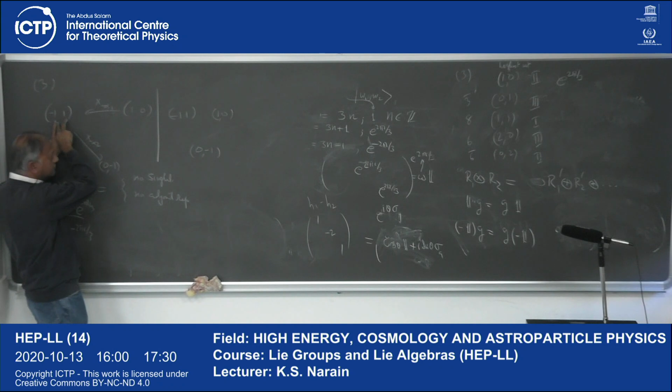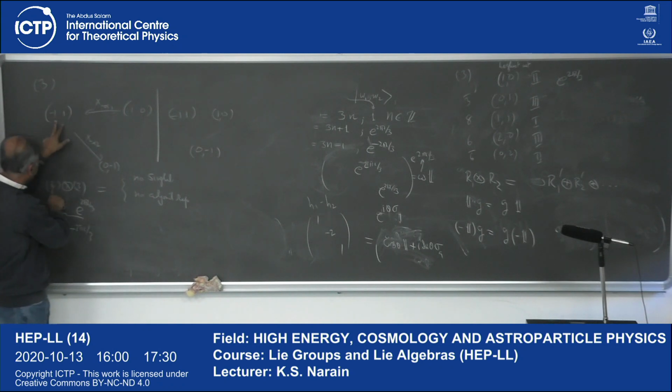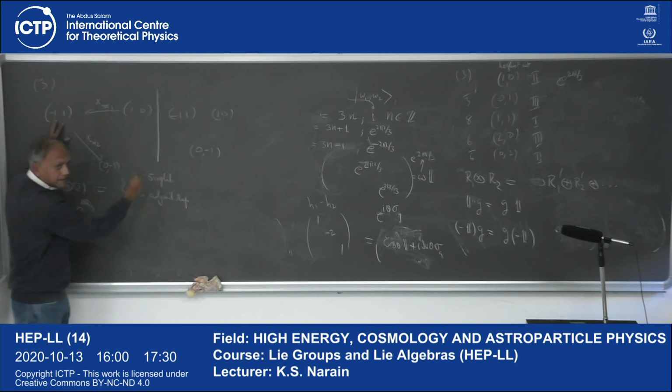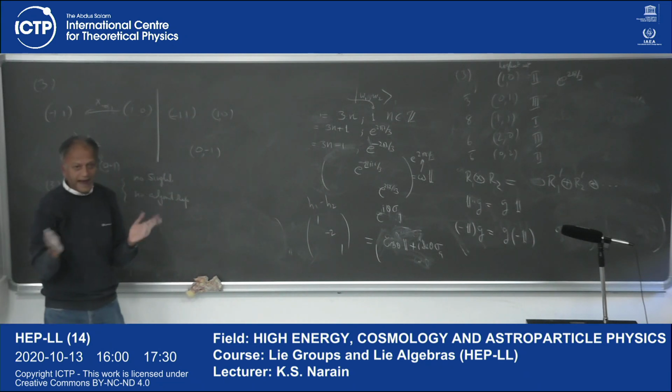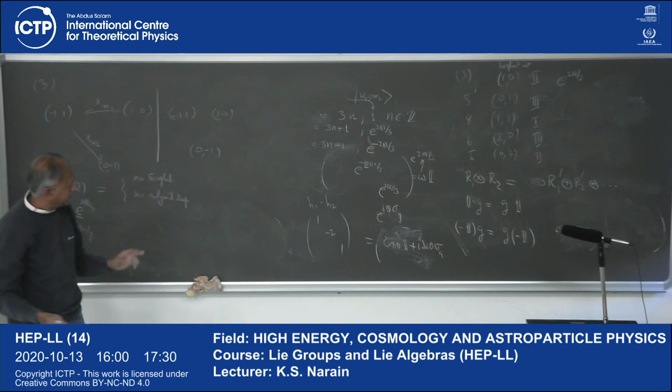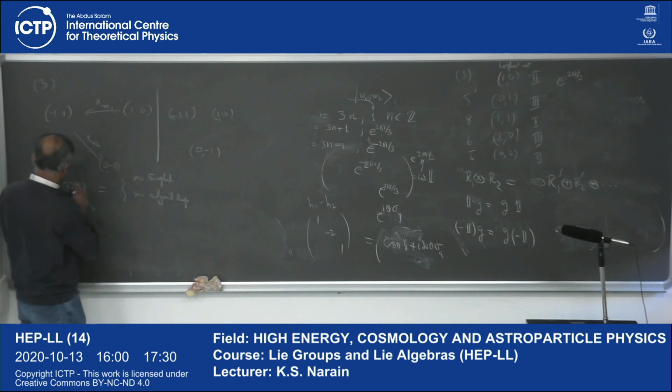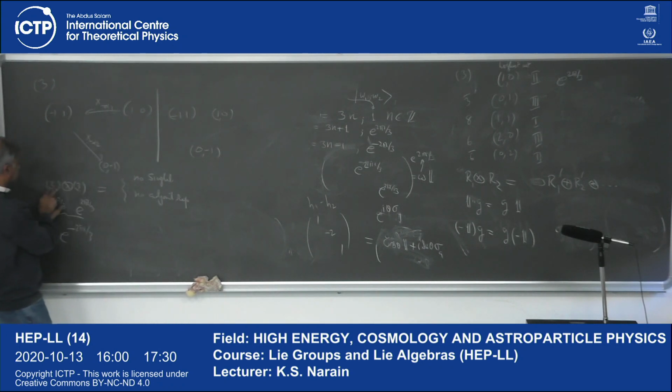Similarly, I could now have started from here. I pick this state from the first one, and again there are 3 possibilities. So you get 3 times 3, 9, right? So what are the weights? Weights just add up. If I take a state consisting of 1, 0 in the first one and 1, 0 in the second one, the weights are just going to add up.